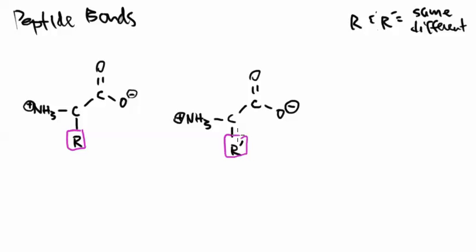Now I want you to take a look at these two structures, and I kind of want you to go back for a minute and look at the basics of organic chemistry, because the basics of organic chemistry are not going to change, people. We have a positive area and we have a negative area, and this positive area and this negative area will be attracted to each other.